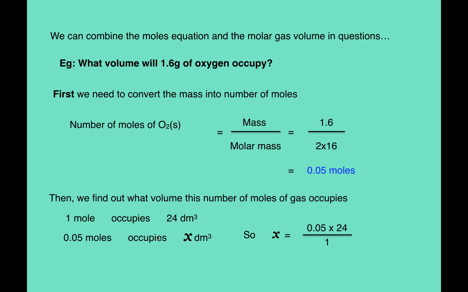I always use the idea that if we've got these set like this in this arrangement, then if I want x, it is the diagonals multiplied together divided by what's opposite. That gives me 1.2 decimeter cubed, or, if you prefer, multiply by 1,000, 1,200 centimeter cubed.